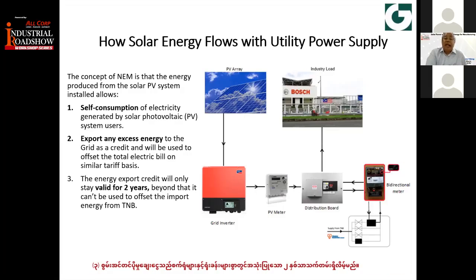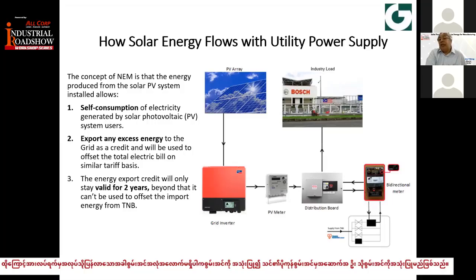So whatever energy you generate from the roof, from the sun, will go down into your distribution board and be used in the factory or offices. Whatever extra, say that day the irradiation is so good, your energy is high and your consumption is low, maybe on Sunday or on Christmas holiday, the energy generated by the solar, instead of being used by you because you are on holiday, you can export to the grid.